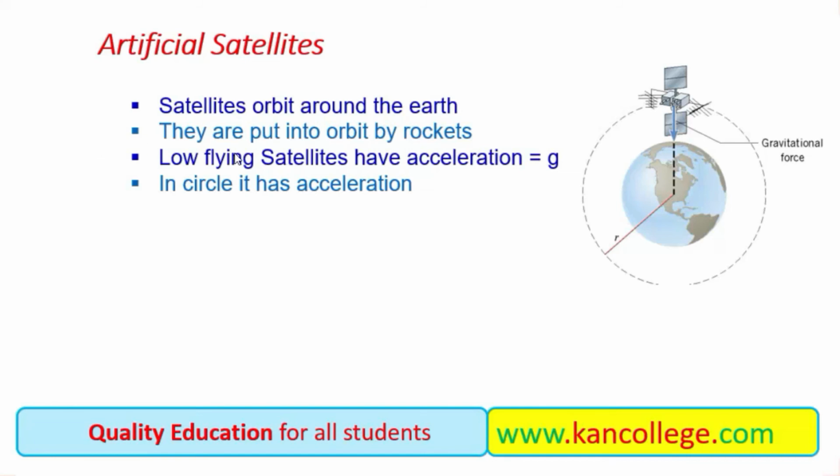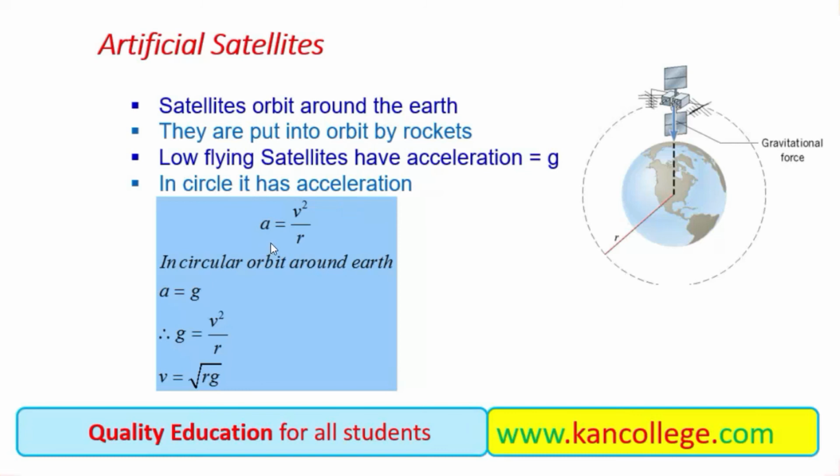So artificial satellites orbit around the Earth. They are put into orbit by rockets. Low flying satellites have an acceleration equal to g. In a circle, the acceleration is given by the formula a equals v square over r, as centripetal acceleration.